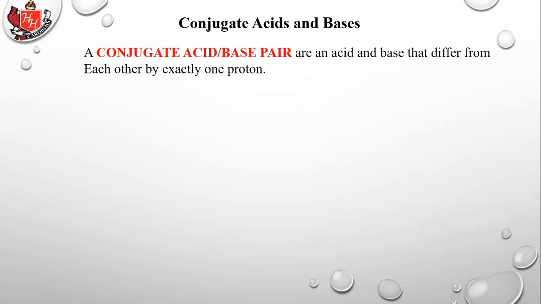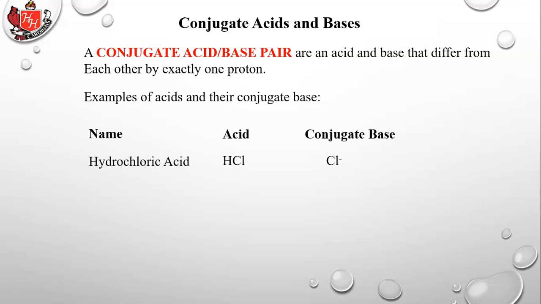A conjugate acid-base pair are an acid and base that differ from each other by exactly one proton. Examples of acids and their conjugate base: hydrochloric acid, HCl, is the acid, and the conjugate base is the chloride ion, Cl-. They differ by just that one proton.